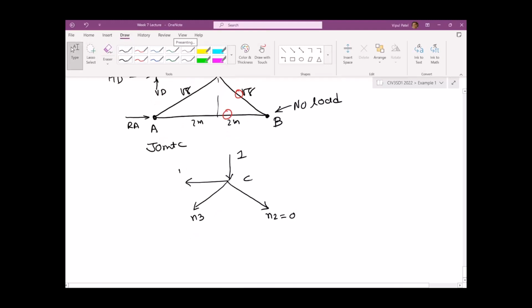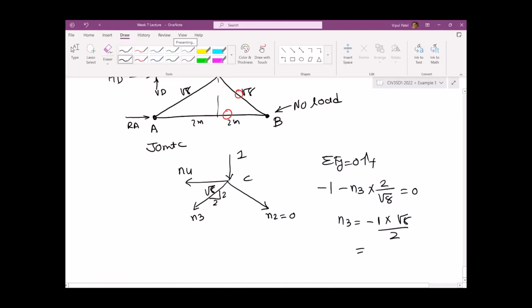By the way, this is 2 to square root 8. So let's find it. Sum of the force in the y direction, upward is positive, minus 1 down, minus N3 times 2 on square root 8 equal to 0. N3 equal to minus 1 times square root 8 on 2.